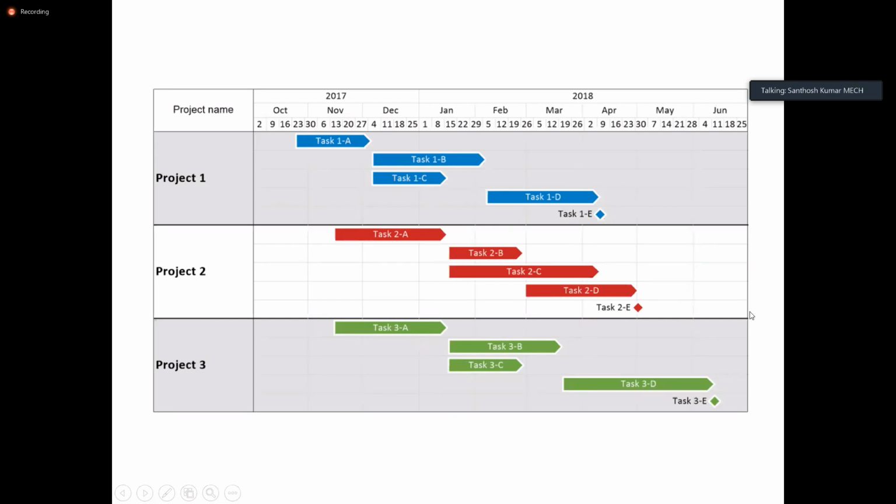Maybe the last month will be delayed by one more extra week. So every company needs this kind of follow-up chart, and they follow this kind of multiple-project Gantt chart, pie chart, all those things.